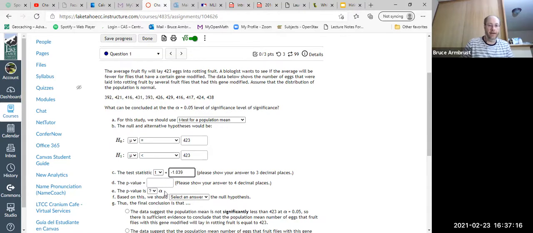Okay, so then the p-value that it spit out for me was 0.1617 to 4 decimal places. And this is what we're going to use to let us determine what we should do. All right, so we know this p-value is bigger than alpha. Right? They told us that alpha was 0.05.